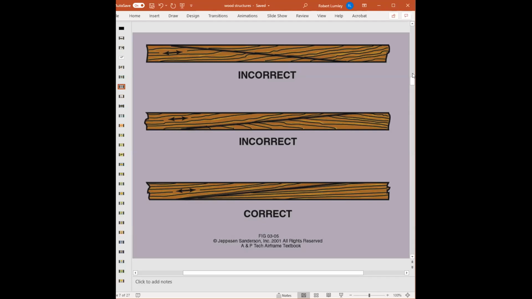Compression wood, on the other hand, is actually created by the growth cycle. Whereas there's appearance and excessive growth of summer wood. Compression wood shows little or no contrast in color between spring wood and summer wood, making it difficult to detect and identify. If you have any doubt whether a piece of wood is compression wood or not, reject it.